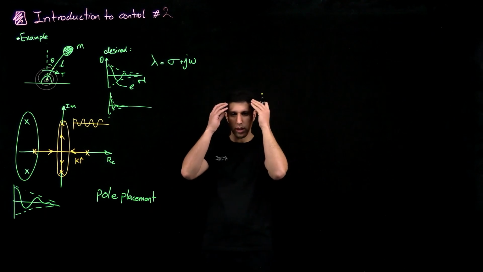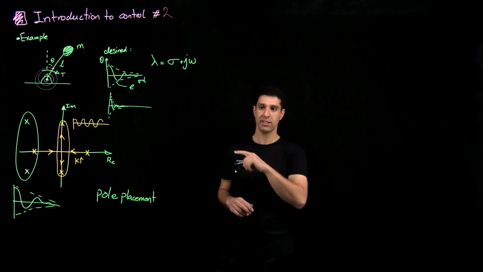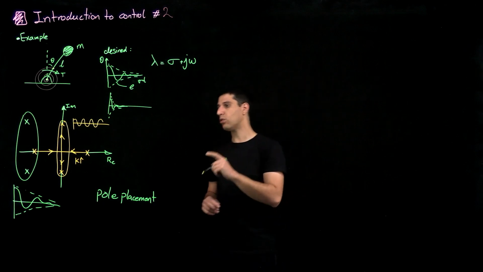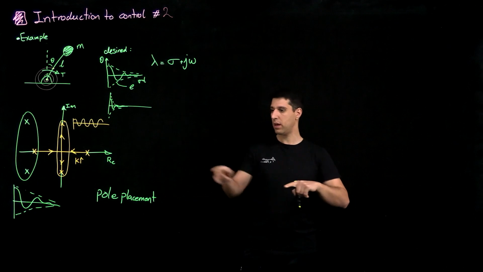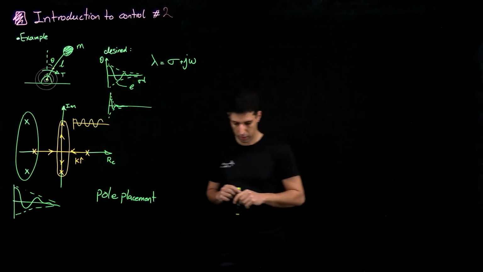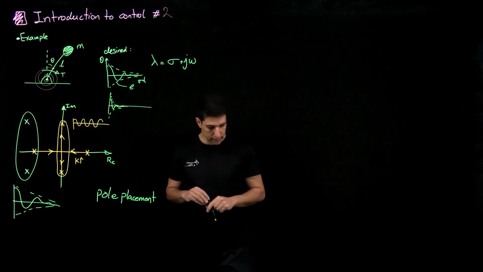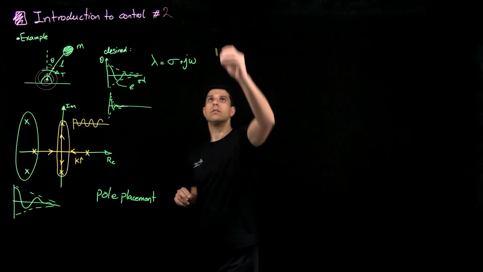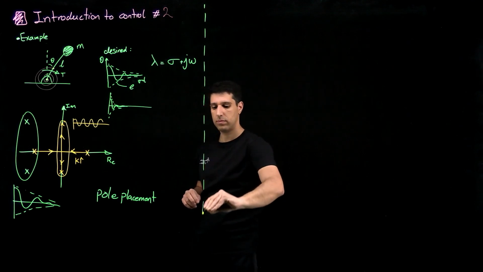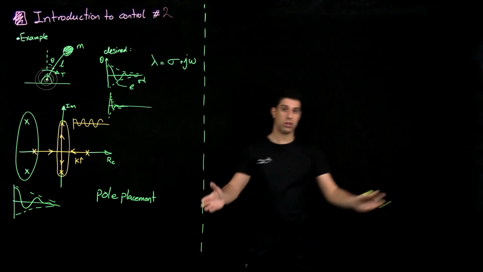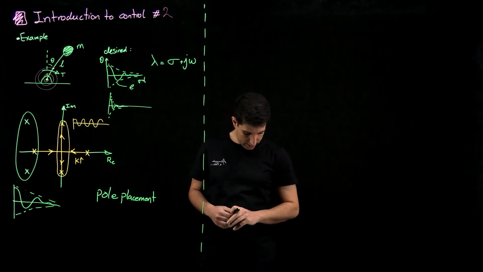I think, okay, I want my poles to be here, and then we go and design a controller such that the feedback loop system has those poles. So let's try to do that. Do you think this is enough space? I don't think so. All right.